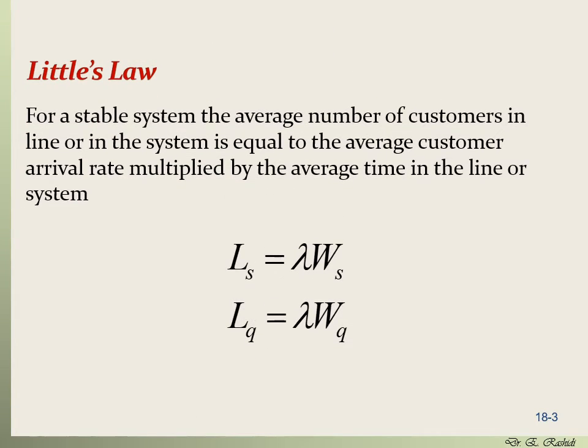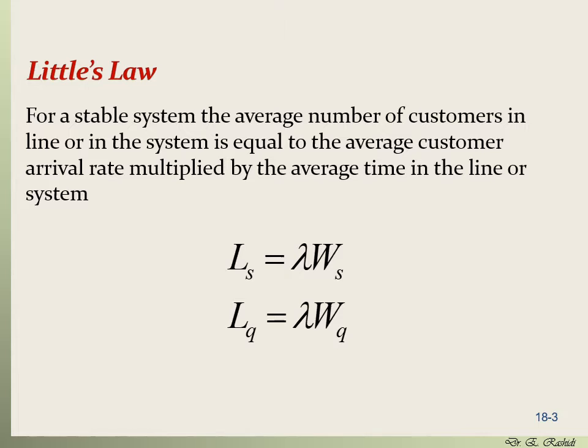Little's law. What does Little's law tell us? It says for a stable system, the average number of customers in line or in the system is equal to the average customer arrival rate multiplied by the average waiting time in the line or system.